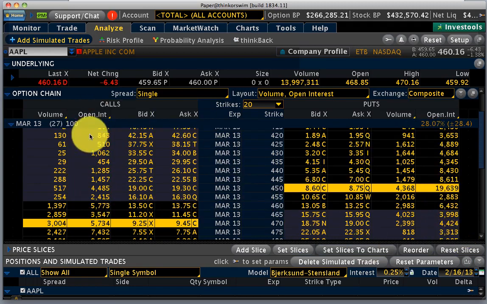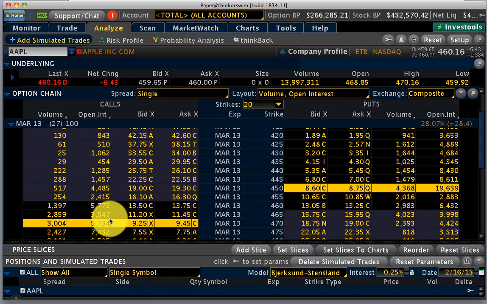So you can see that the people that have bought or transacted in puts are much, much more than the calls. The highest on the call side is this 7,400, but the highest in the puts is 19,000. Then we have 8,000, 8,000, 6,000, and plenty of 4,000s, whereas we don't see that kind of open interest on the call side.